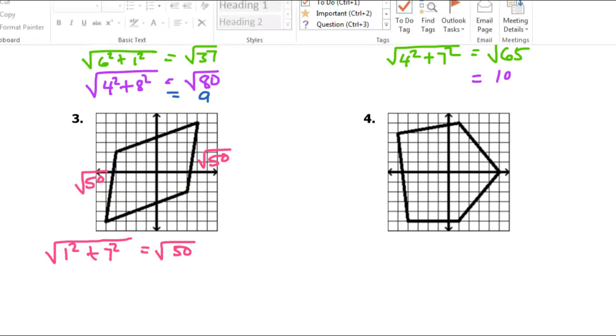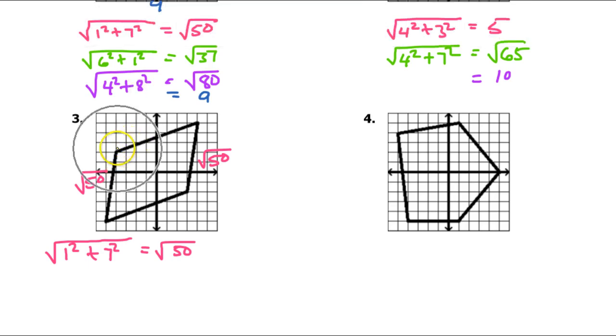So now I will switch, and like I said, let's count out this one. All right, that is a vertical of 3 and a horizontal of 8. And again, notice that down here, this is also a vertical of 3 and a horizontal of 8. So the slopes are the same, so these are parallel. That's how I knew this was a parallelogram.